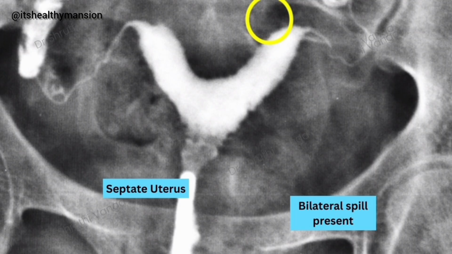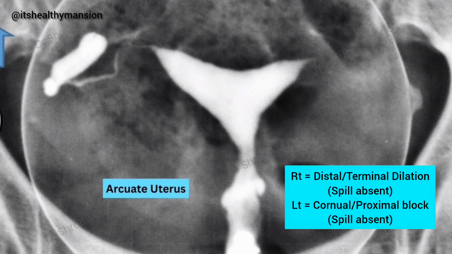Now this film represents a septate uterus, where you might see there is a septation in the uterine cavity, and the spill from both fallopian tubes is positive. Now this film represents the arcuate uterus, as we have seen, with a small mild indentation of the uterus from above.